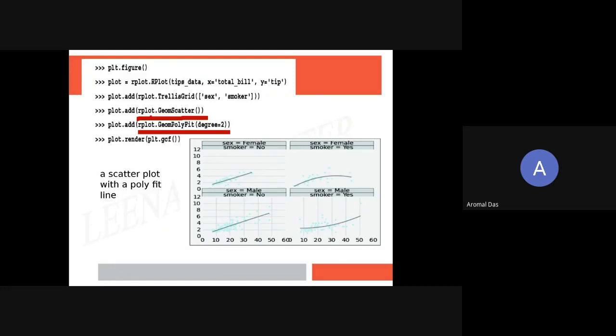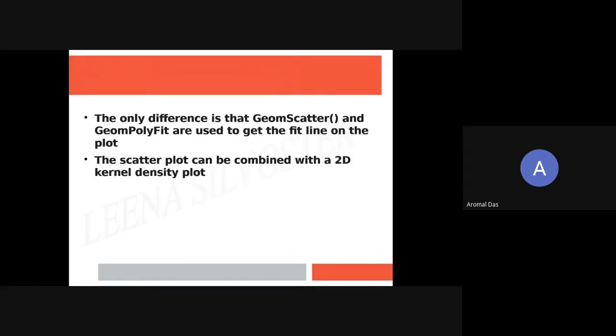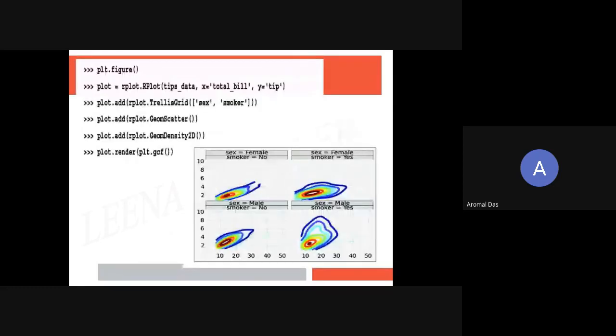So here we are using a polyfit line with degree 2. The only difference is that geom scatter and geom polyfit are used to fit a line on the plot. The scatter plot can be combined with a 2D kernel density plot. So we will be getting something like this.